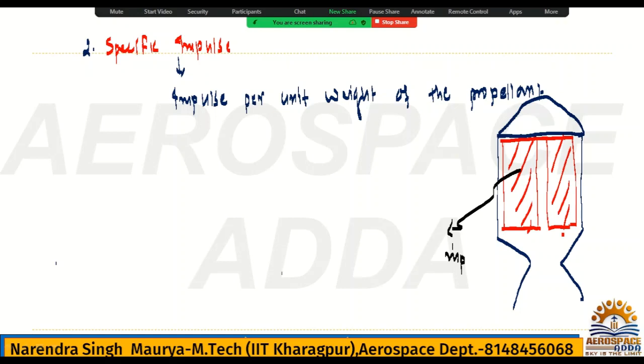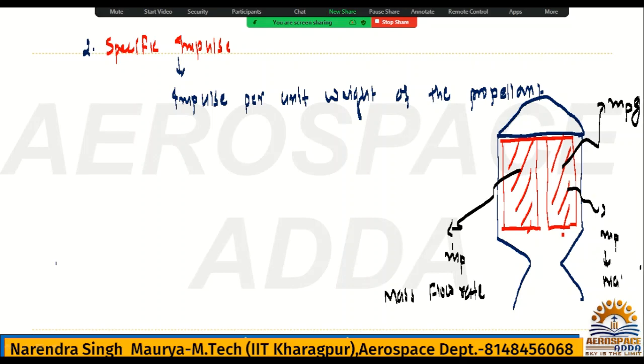And what is the mass? It is mp. So impulse per unit weight of the propellant, and what is the weight for this? It is mp into g. That is the weight. You can write: this is mass flow rate, this is mass, this is weight.